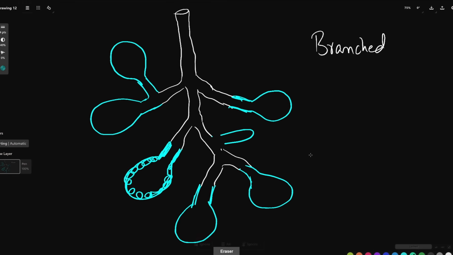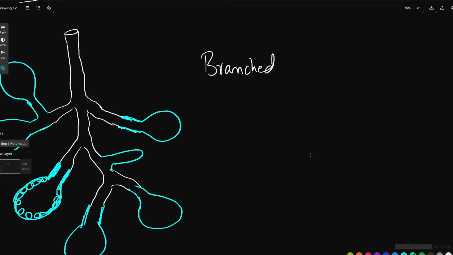So the whole part might be secretory. So the secretory part consists of a tube-like part as well as this acinar part, this rounded part. So it is branched, it is tubular or acinar. It is tubulo-acinar. It has both types of structures.